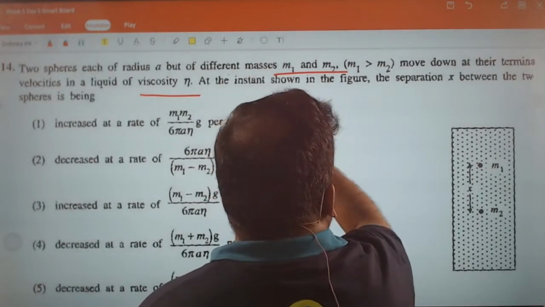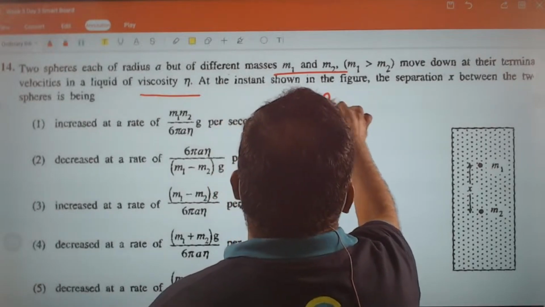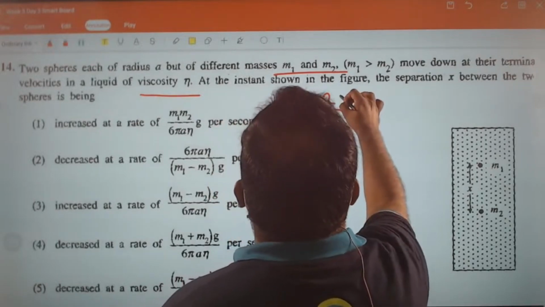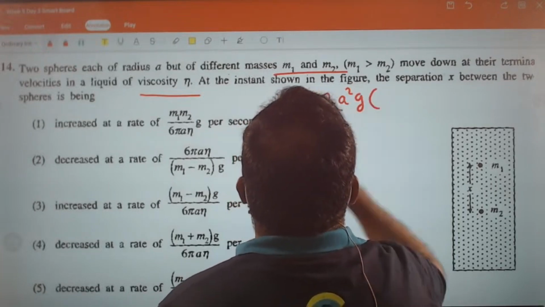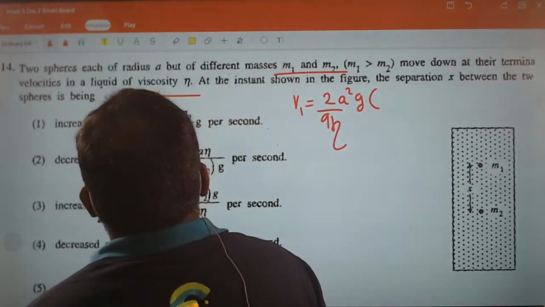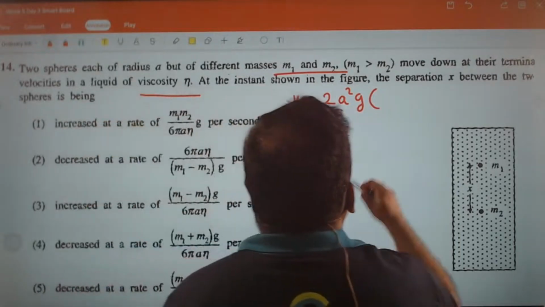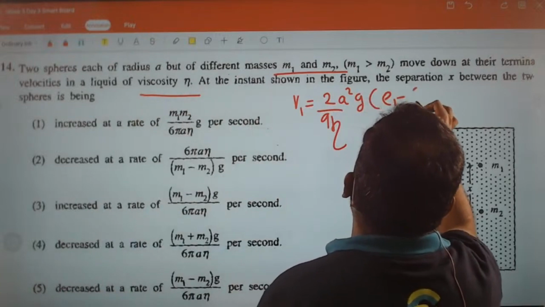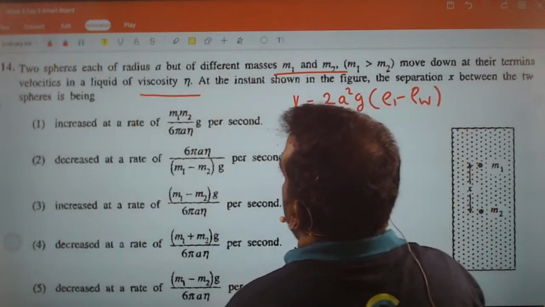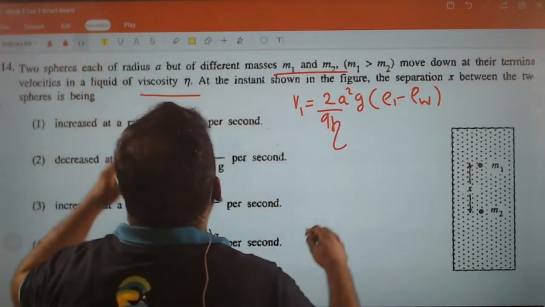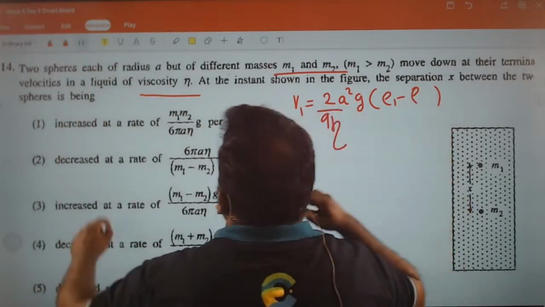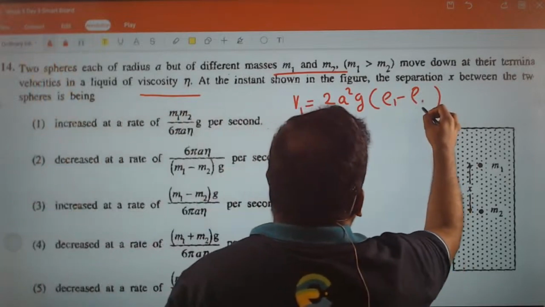So terminal velocity V1 is 2 over 9 eta, same radius a square g, same radius, different masses because densities are different, rho 1 minus rho L, where L is the liquid.